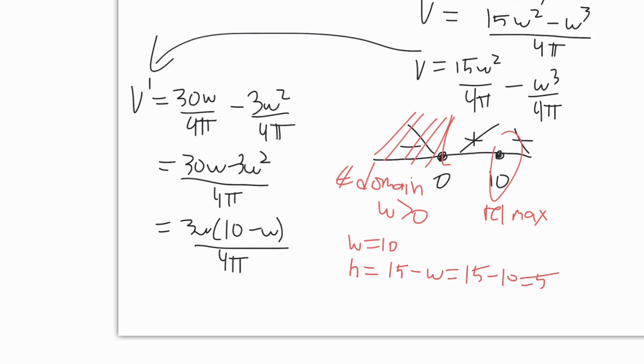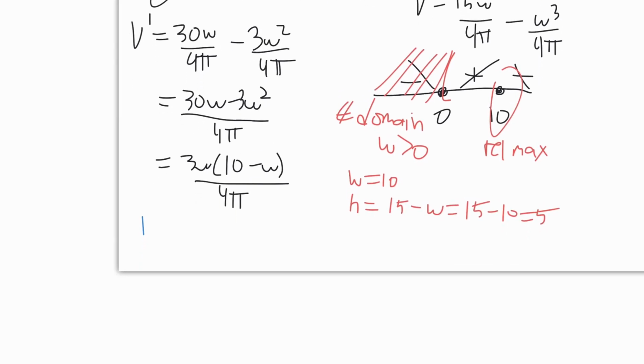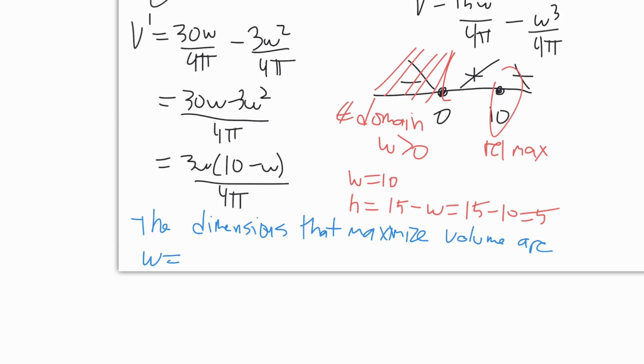We can say the dimensions that maximize volume are w equal to 10, and this was centimeters, so put centimeters, h equal to 5 centimeters.